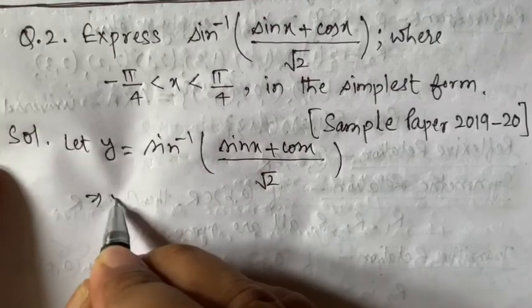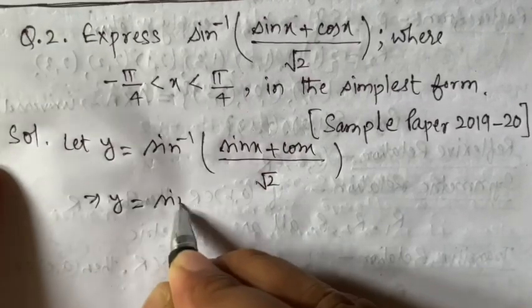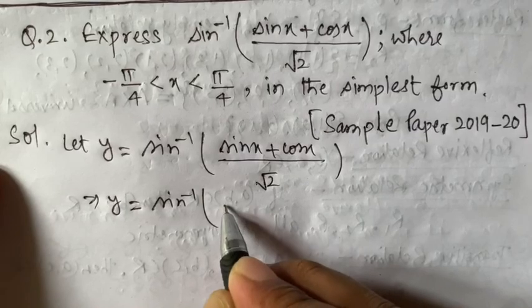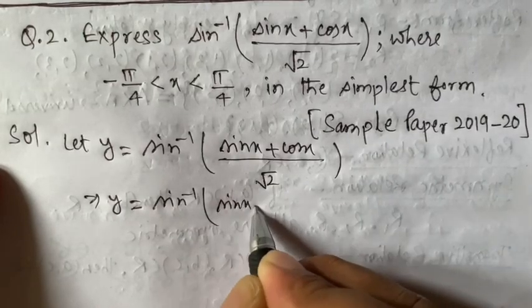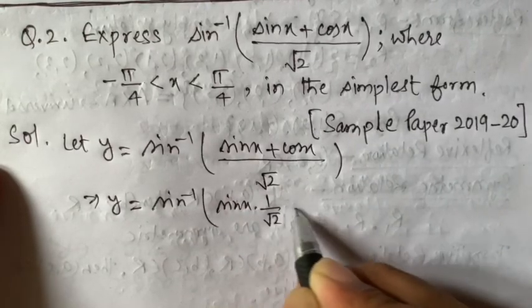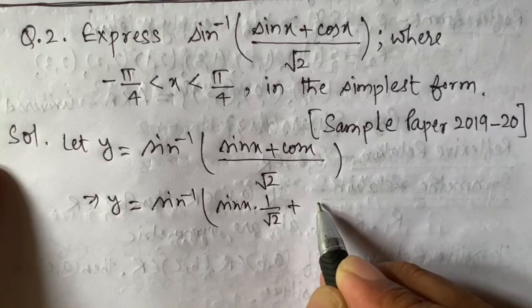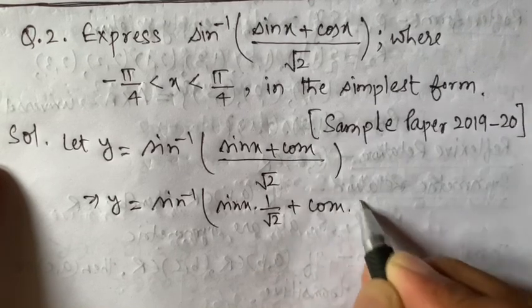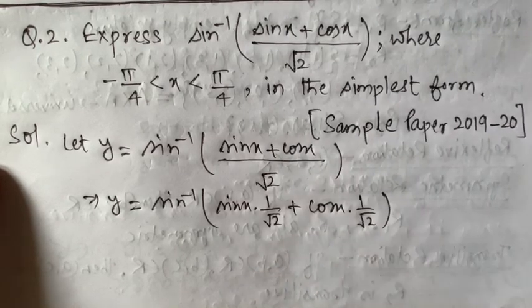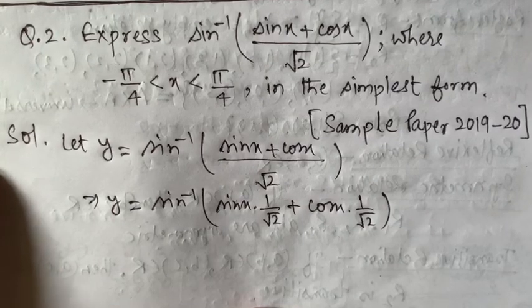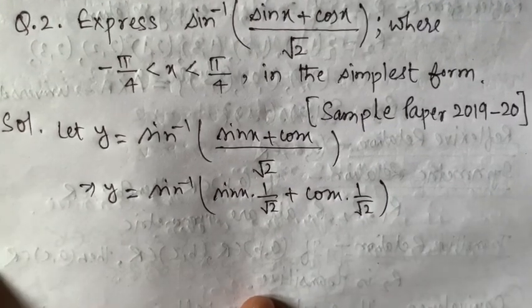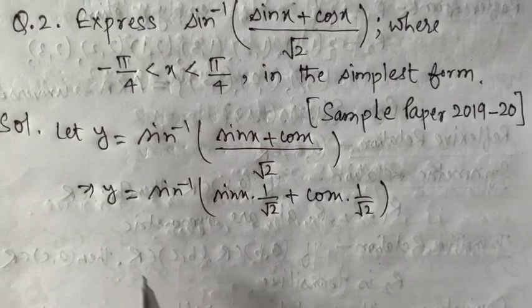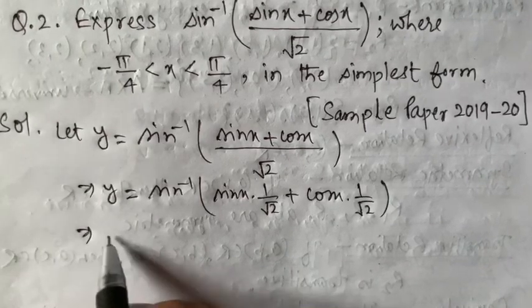So y is equal to sine inverse of sin x into 1 by root 2 plus cos x into 1 by root 2. We distribute root 2 over the numerator to get the expression reduced to this one.